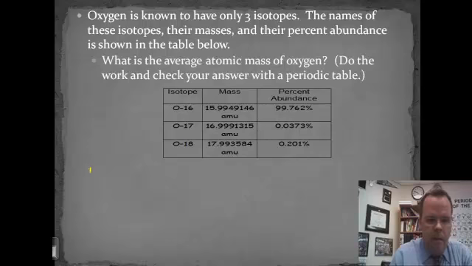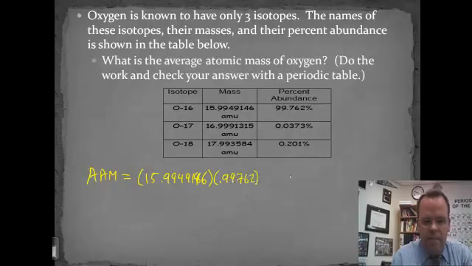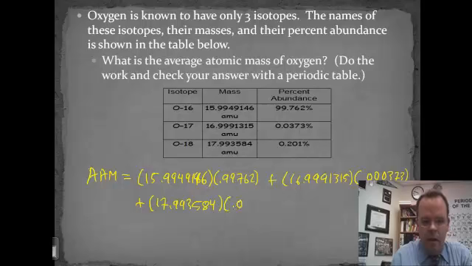So in this case, average atomic mass is 15.994946 times 0.99762 plus 16.991315 times 0.000373 plus 17.993584 times 0.00201.